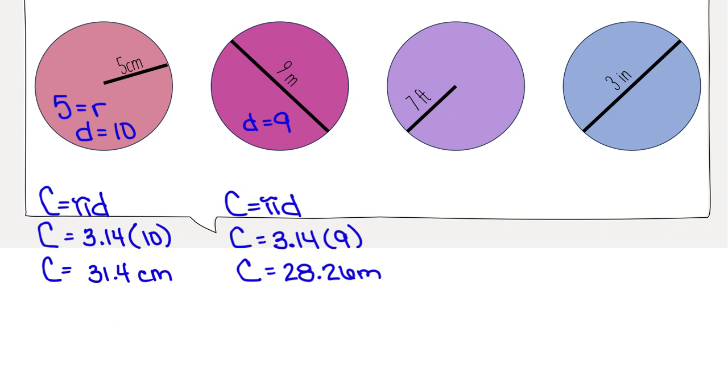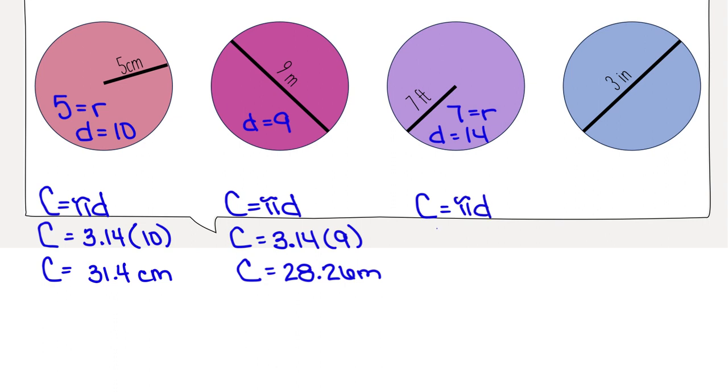All right, number 7. It's the purple one up here. The 7 foot. Is that the radius or the diameter? Okay. So if the 7 is the radius, what is the diameter? 14. Very good. We start off with our formula: C equals pi d.